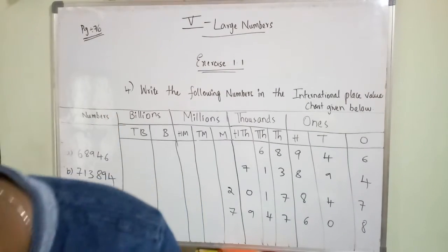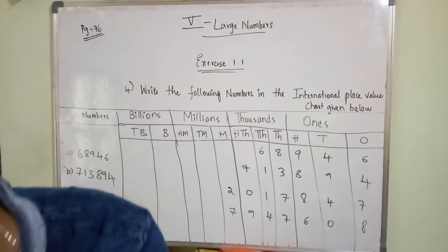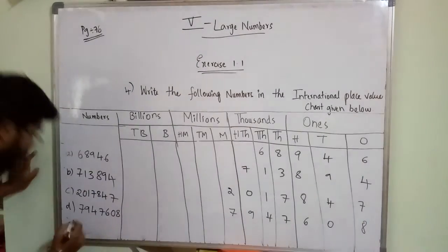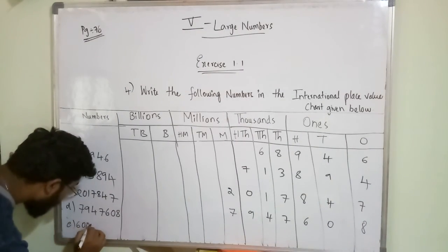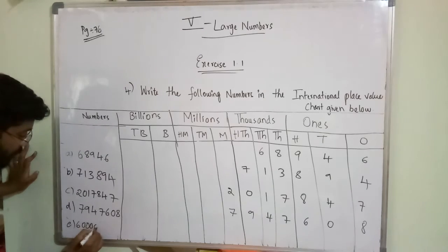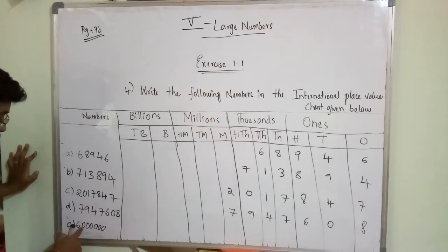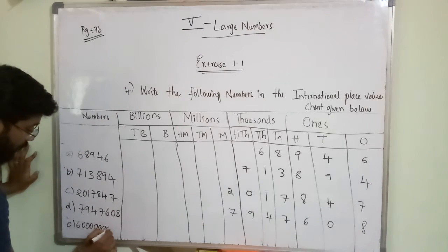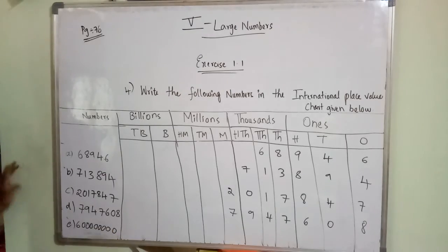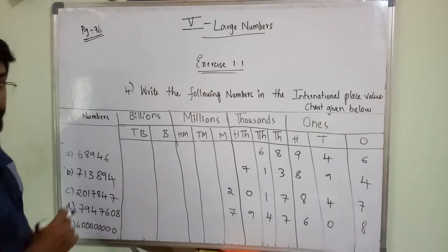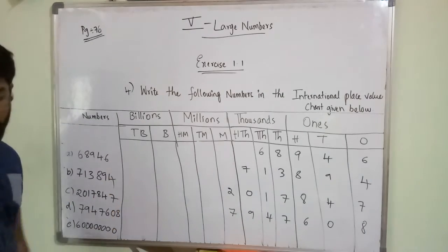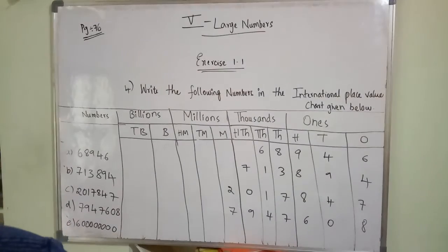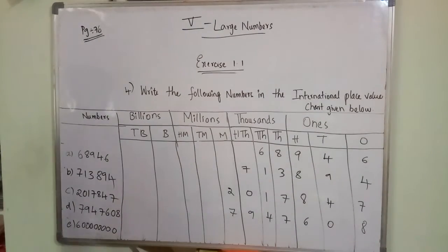Okay, E. What is E? This is 6, then 3 zeros, 3 zeros, again 2 zeros. This is a 9 digit number. 1 digit you are having 6, the remaining 8 digits are zeros.